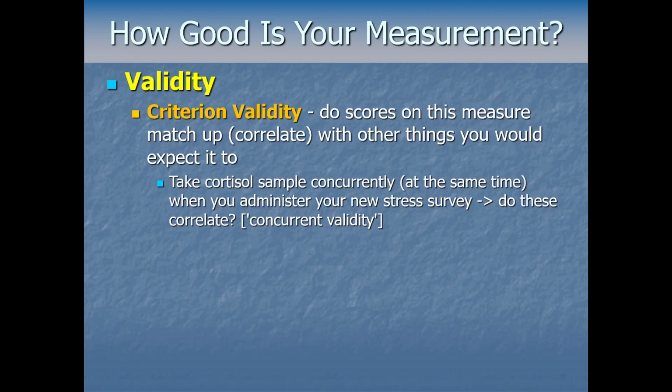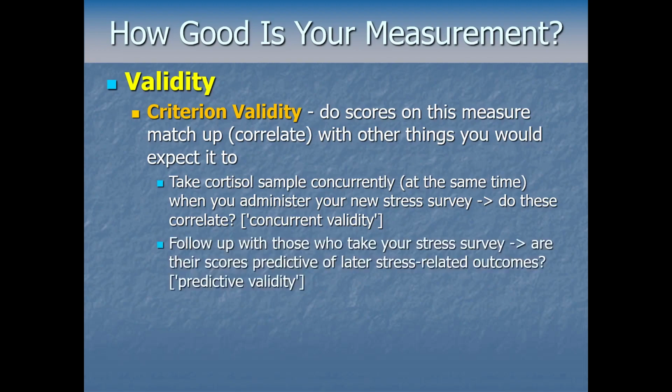So when you administer your new stress scale, do these two measures correlate? Or do the participants show other signs of stress or do worse on tasks that we know stress affects? Basically, if we check something else at the same time as giving our new stress survey, we are asking concurrently. So it's called concurrent validity, or just a concurrent check of criterion validity.